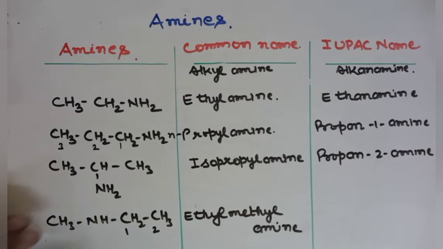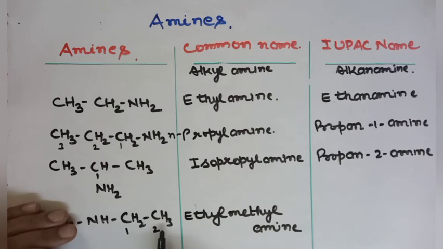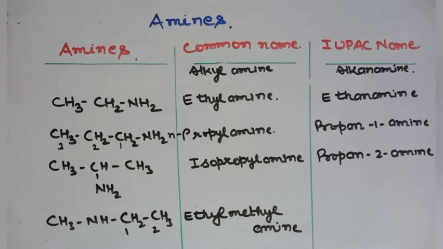So if we just ignore this CH3, it should be ethanamine. So ethanamine will act as the parent and CH3 will act as a substituent. But the substituent has not got a first or second position of this chain. It has got the position of nitrogen.